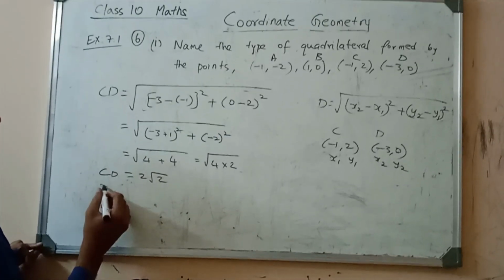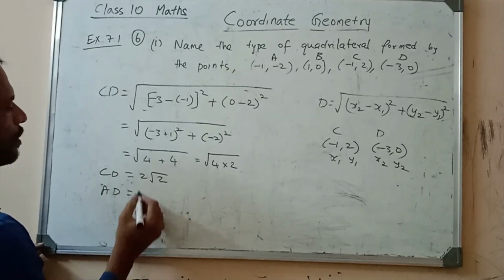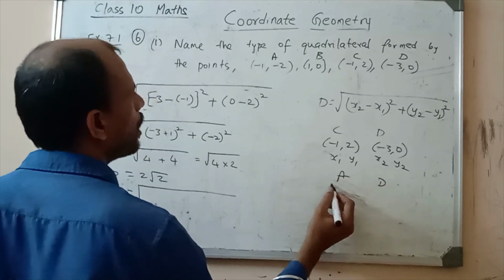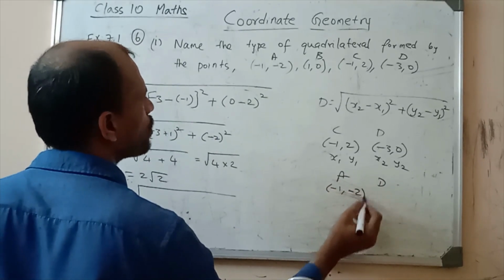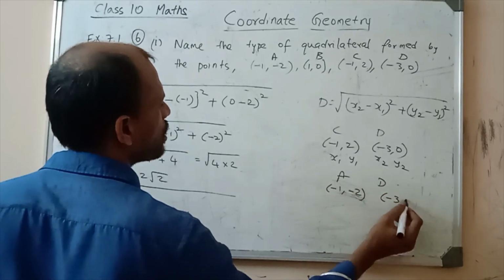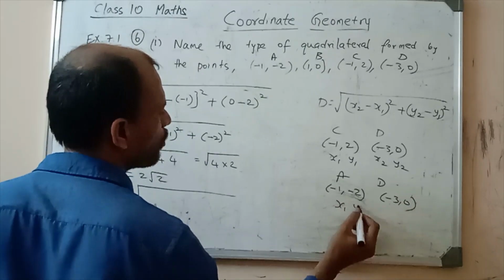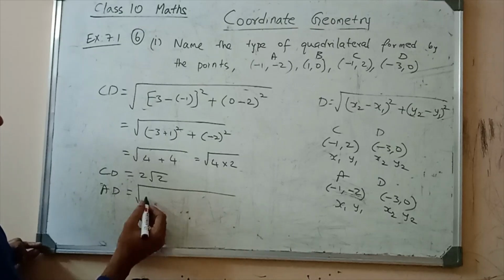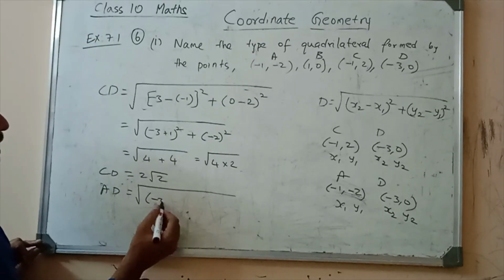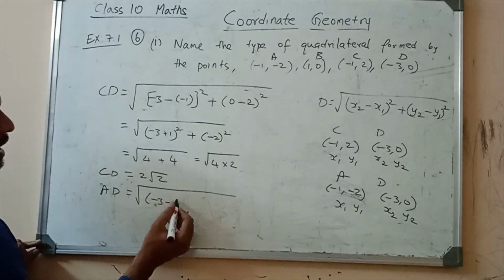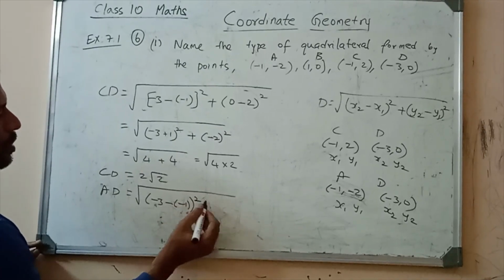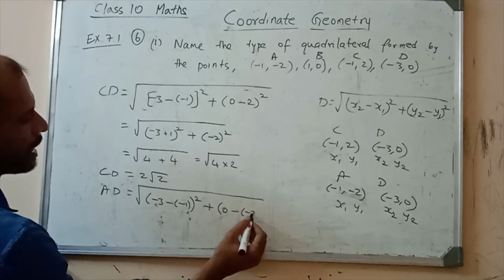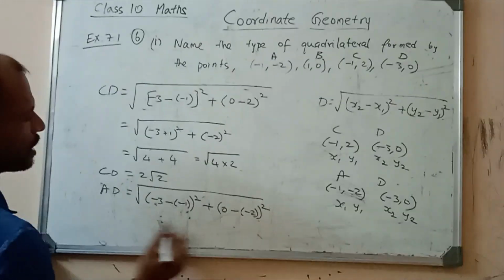In the same way we have to find AD. So A and D. A(-1, -2) and D(-3, 0). So this is x1, y1, this is x2, y2. x2 minus 3 minus x1 minus of minus 1, the whole square, plus y2 0 minus y1 minus 2, the whole square.